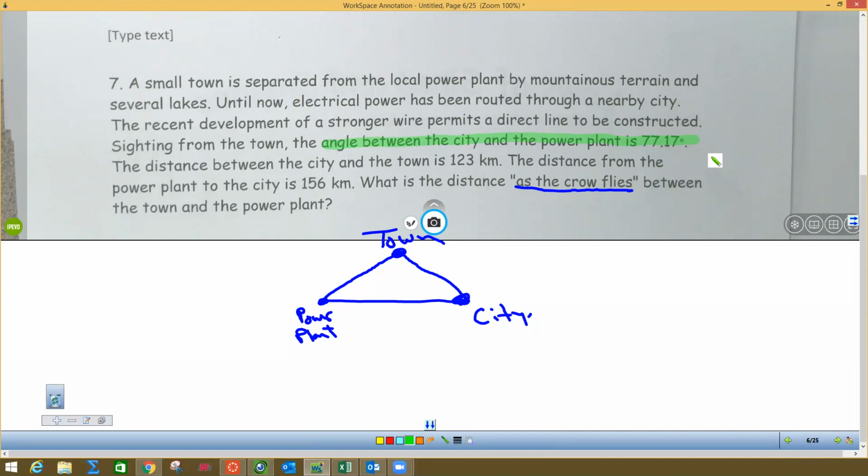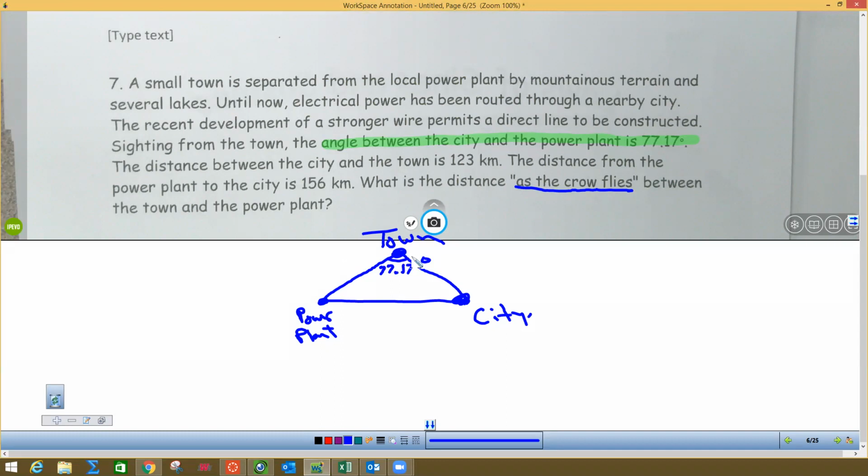Now, from what I drew up here, can anyone tell me which vertex is that angle? Is it the power plant, the city, or the town? The town. So we're going to come right here and we're going to make this 77.17 degrees. That is the angle between the power plant and the city.